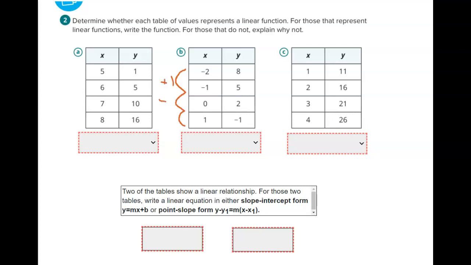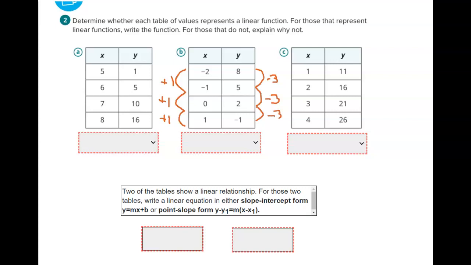We're increasing our inputs by 1 each time. That's consistent. Now let's look at our outputs. 8 to 5 it's decreasing by 3. 5 to 2, it's decreasing by 3. 2 to -1, it's decreasing by 3.